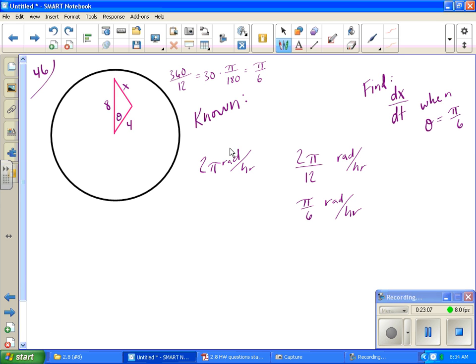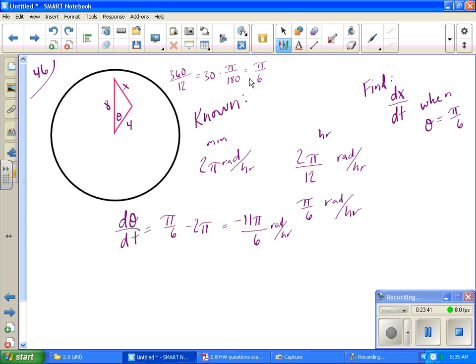Okay, so this one here is the minute hand. This one here is the hour hand. Does that kind of make sense? Okay, so the angle theta between them is changing at a rate of d theta dt equals, we would take the pi over 6 minus the 2 pi. Or if you did it the other way, it would just be positive instead of negative. So that's going to be negative 11 pi over 6 radians per hour.